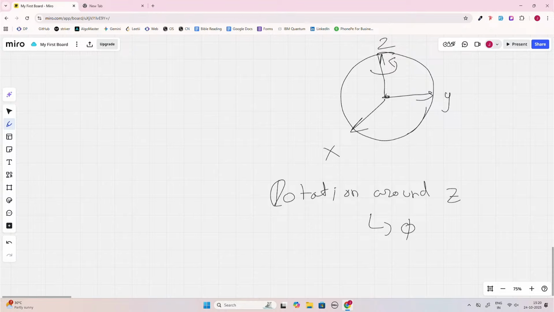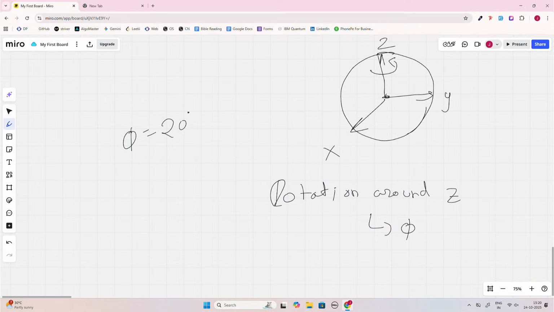Rotating it 20 degrees around the z-axis, what is the meaning? Phi equal to 20, correct word. We should exactly define it like that. Simply, I'm rotating the qubit with phi equal to 20 degrees. That is the entire meaning behind rotation around the z-axis.